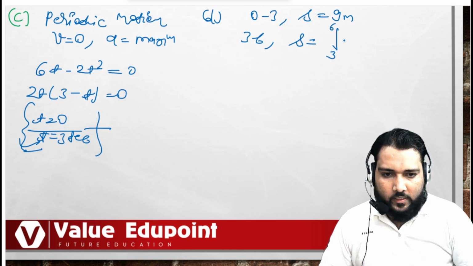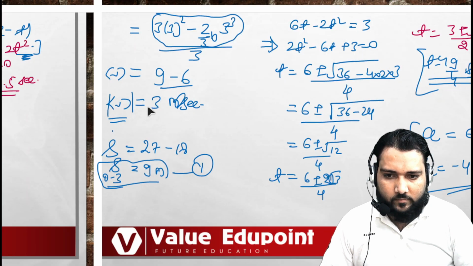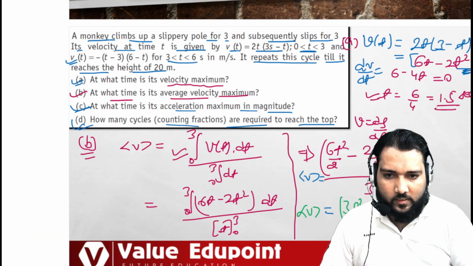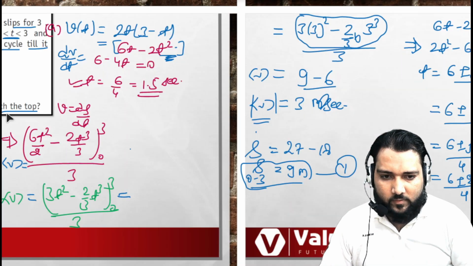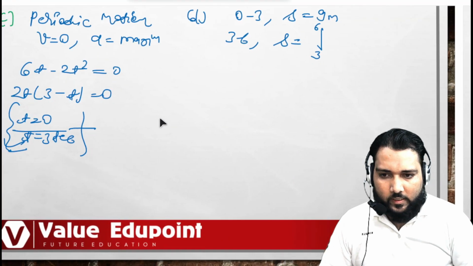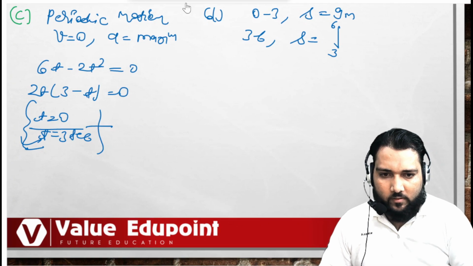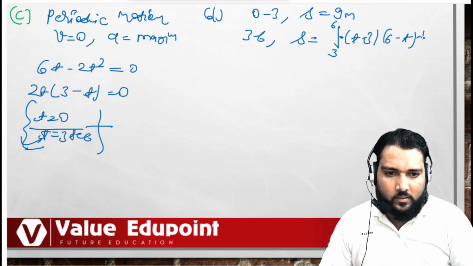It is given in the problem this way: t minus 3 and 6 minus t, with the minus outside, dt.